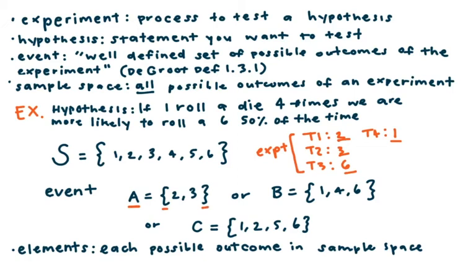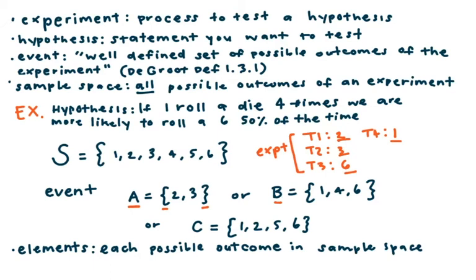Okay? So one event could be we get 2 and 3. Or another event, B, could be we get 1, 4, or 6. Or another event could be C equals {1, 2, 5, 6}, which means we rolled a 1, rolled a 2, rolled a 5, and then rolled a 6.